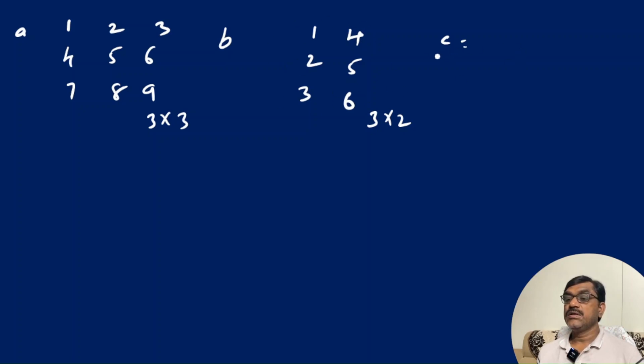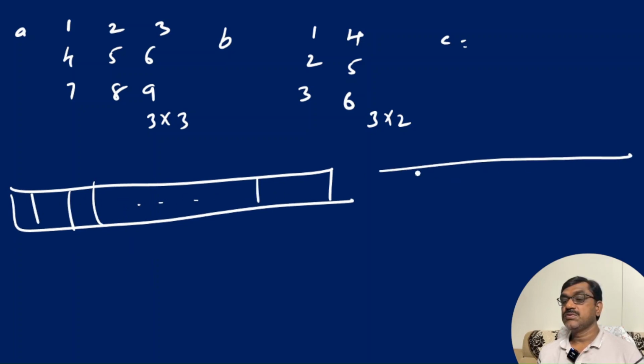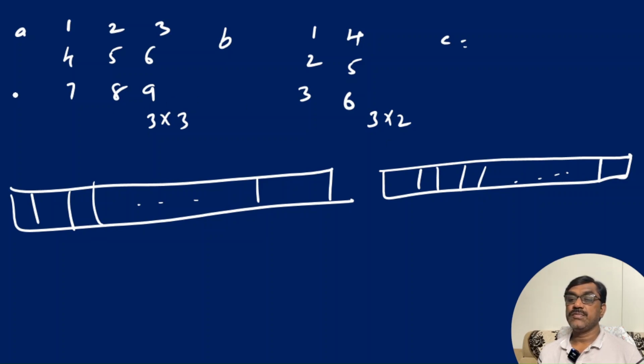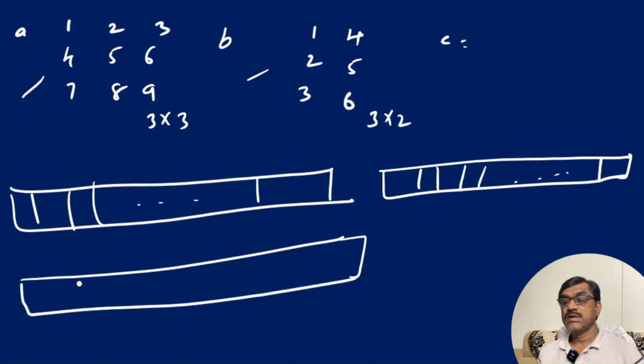Now, when we declare these 3 arrays, what happened? A is stored like this, and B is also stored as a single row, which we already know. But we are displaying in matrix form like this. Now C is also stored as a single dimensional array. All the elements are stored only in row wise manner.